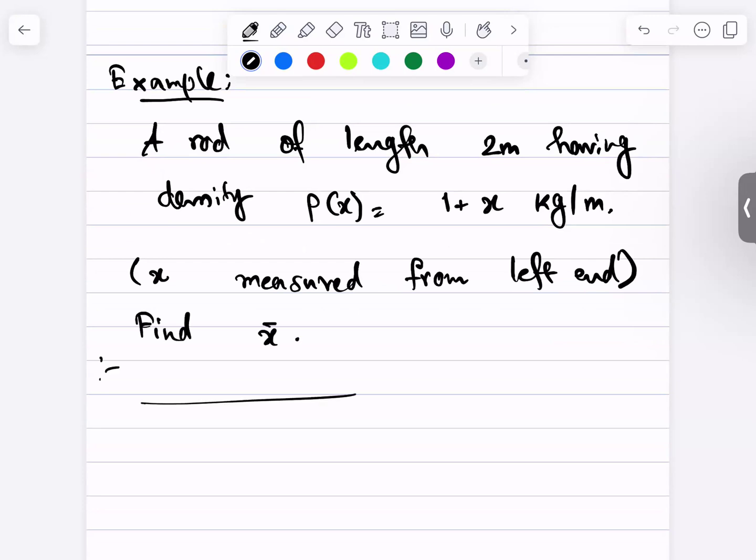So let's draw a picture. This is 0, this is 2, and so the rod is like this.